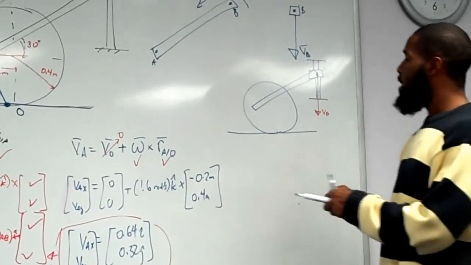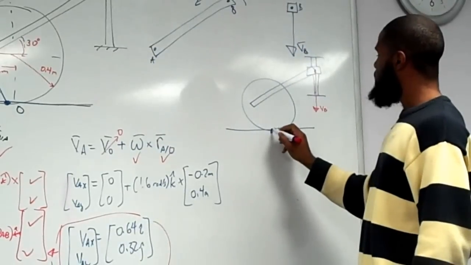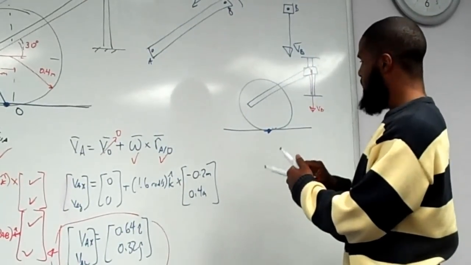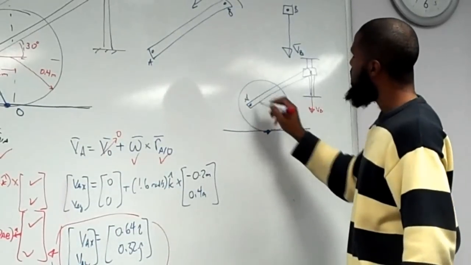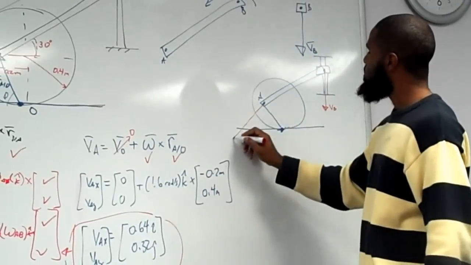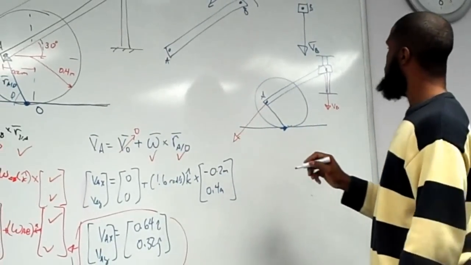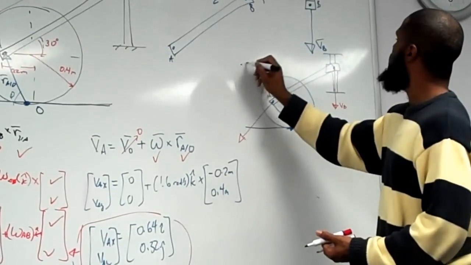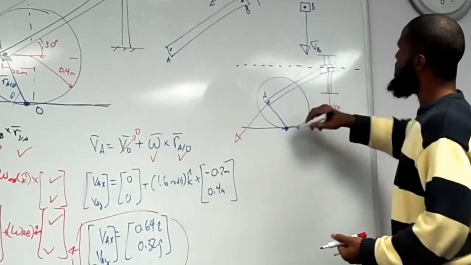Okay? And I know that given that the instantaneous center of zero is here for the disk, the velocity at A, therefore, if you were to connect the two, this being at point A, would have to be in this direction. Alright? You can find the instantaneous center of zero velocity by drawing lines perpendicular to their velocities.